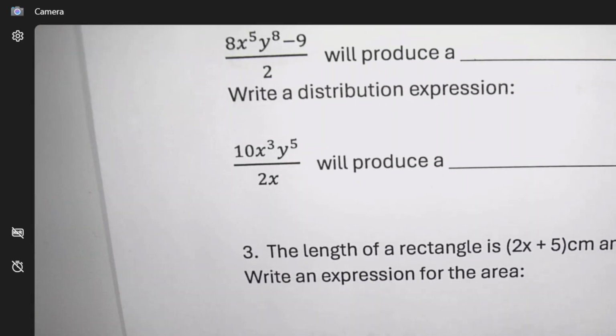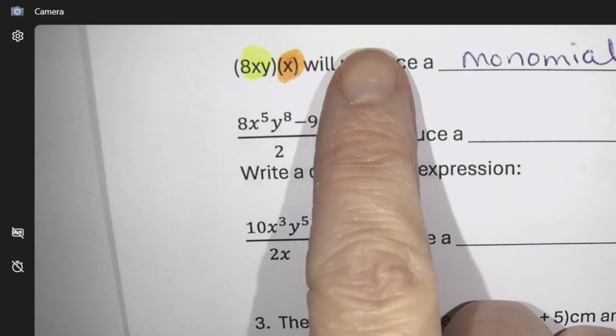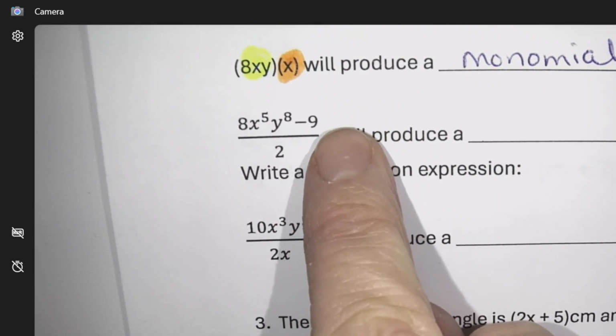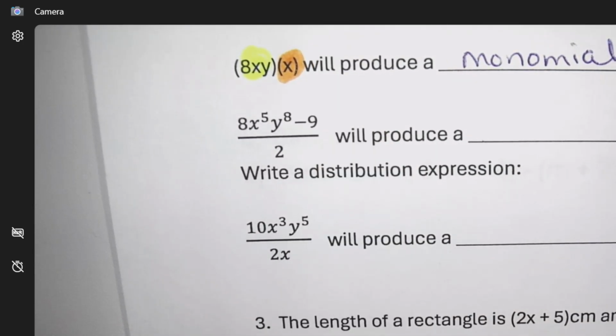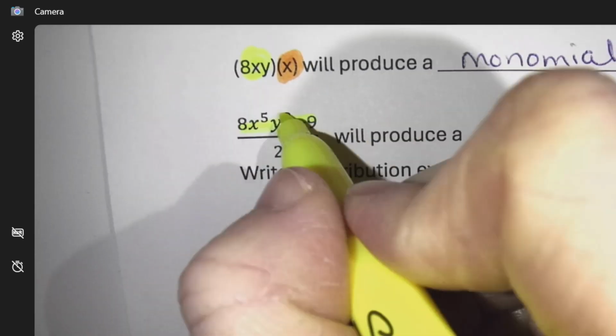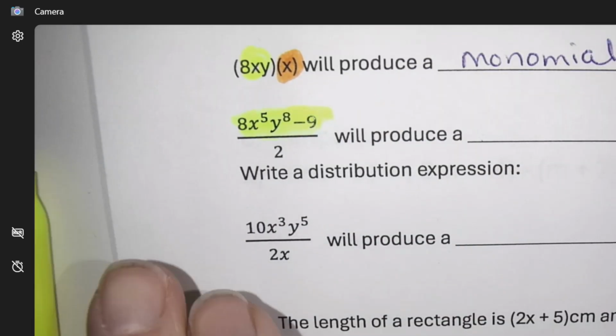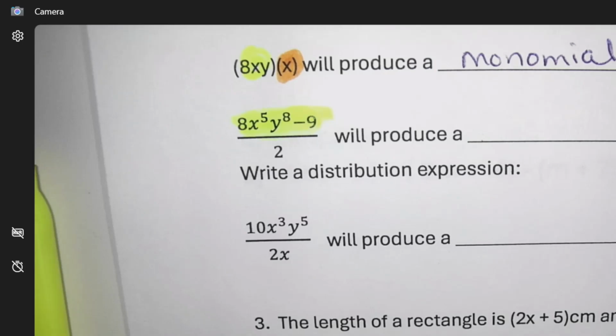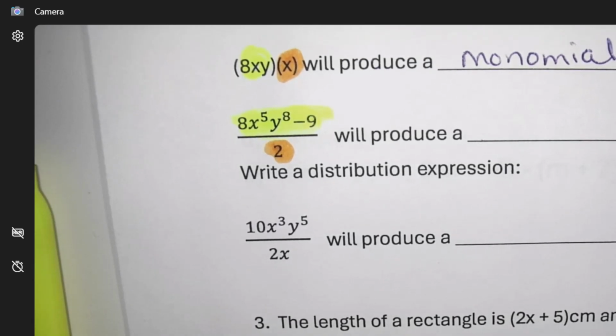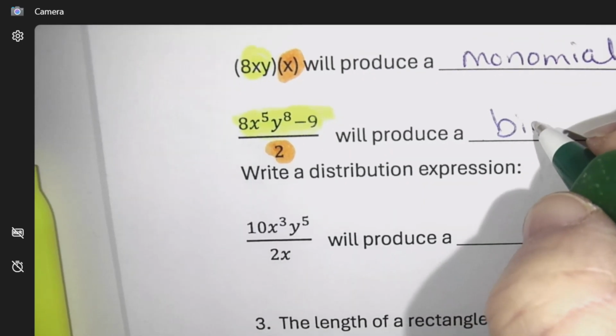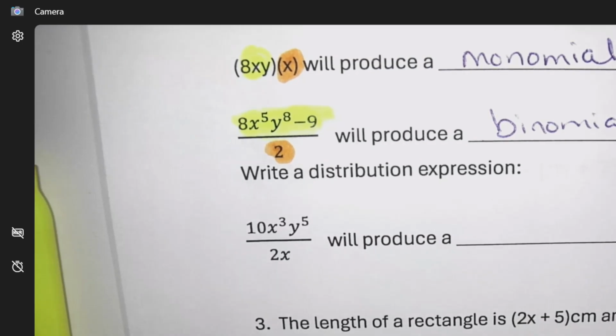Okay, how many terms on the top here? 2? There's 2 terms, and you're dividing it by 1 term. So how many would you have at the end of this? 2. So binomial. You're going to have 2 terms because you had 2 terms to start with.